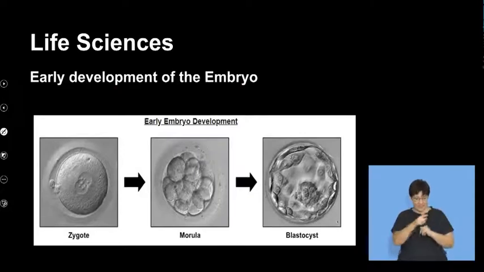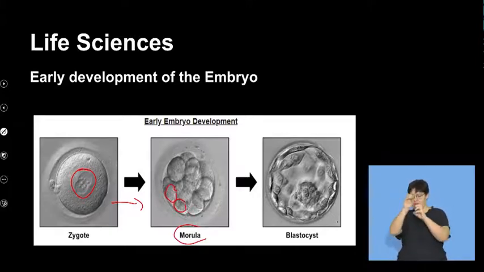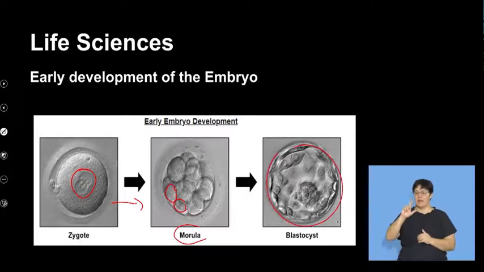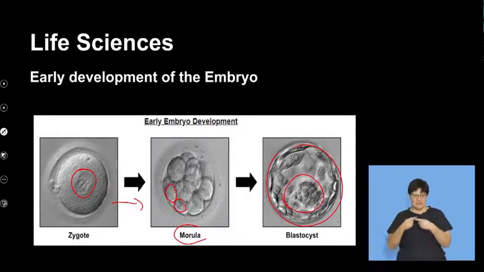Here are images showing you the zygote. Again, you can see the nuclei fusing together. We see that the zygote undergoes a series of divisions by around day 4 to form a ball of cells called the morula. You can see that there are several cells in this collective structure. And then we see the specialization of this to form a larger ball with a bit more differentiation in the types of cells.